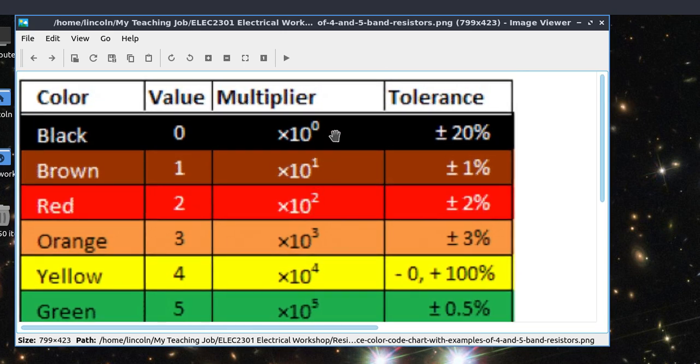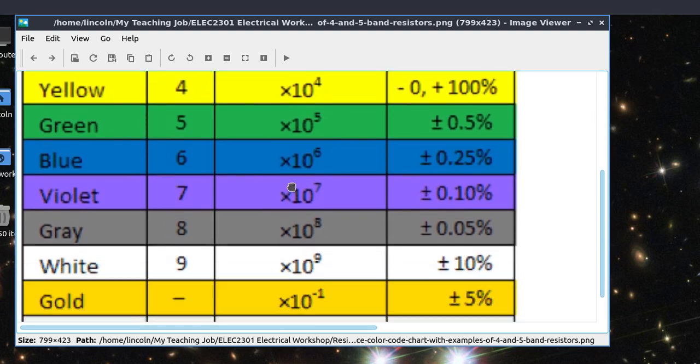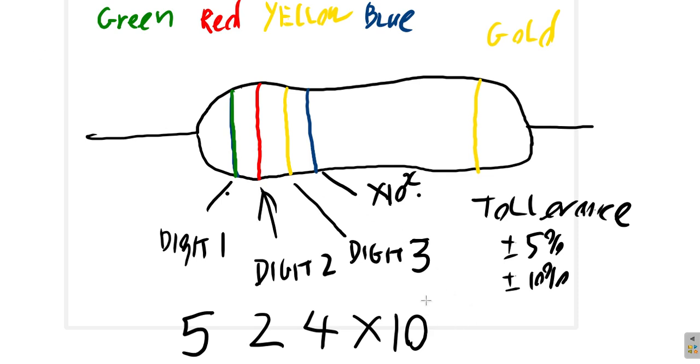Some tables might not have the multiplier column here, but it's always 10 to the power of the value. When the value is 0, it's 10 to the 0, value is 1, it's 10 to the 1, value is 2, it's 10 to the 2. Alright? So in this case, for blue, the value is 6. So the multiplier is times 10 to the 6.